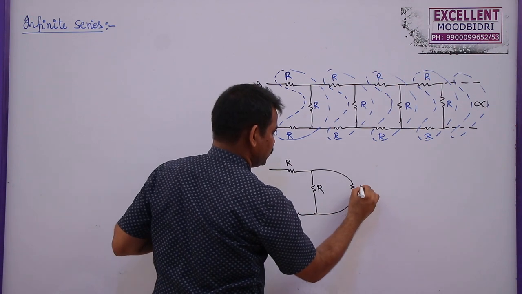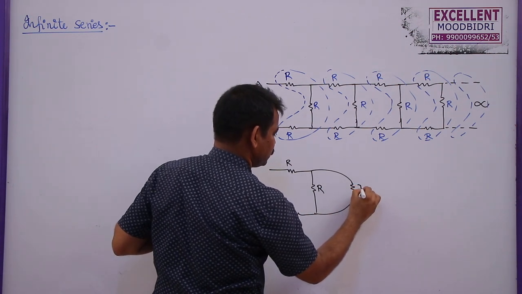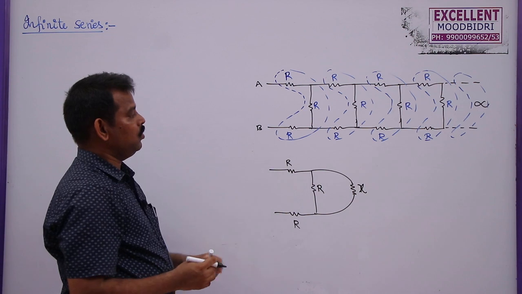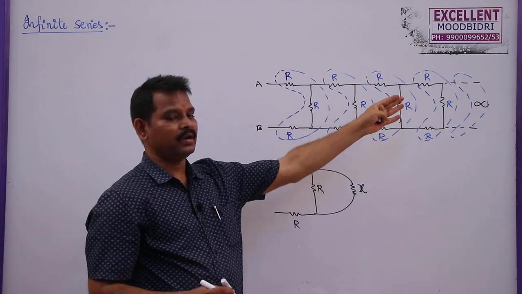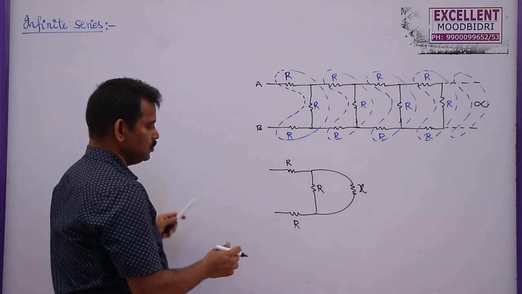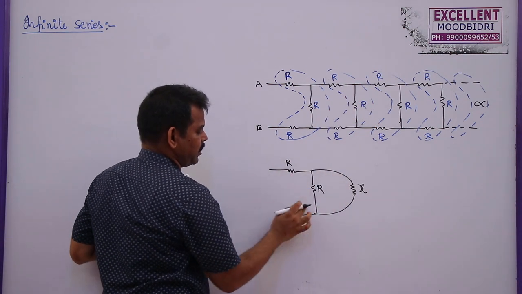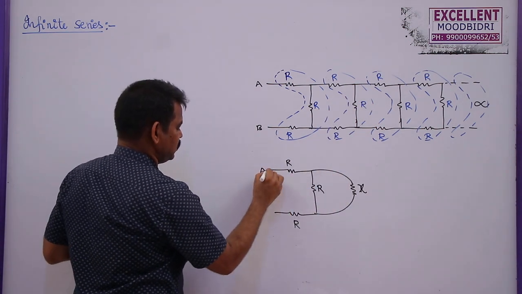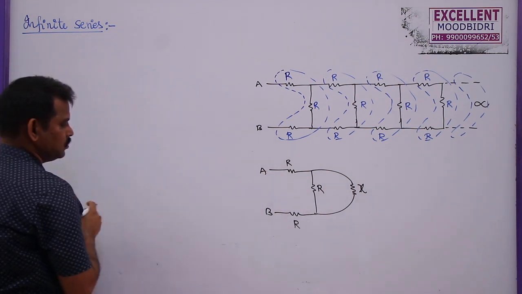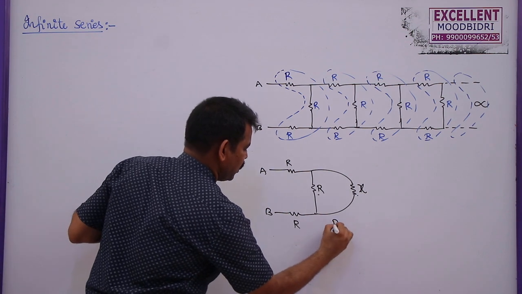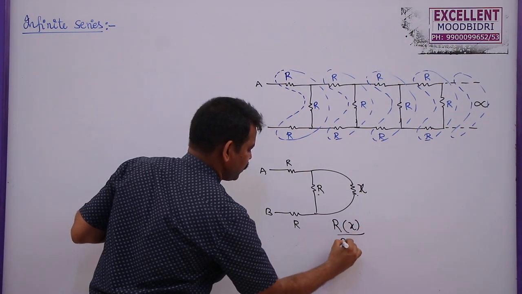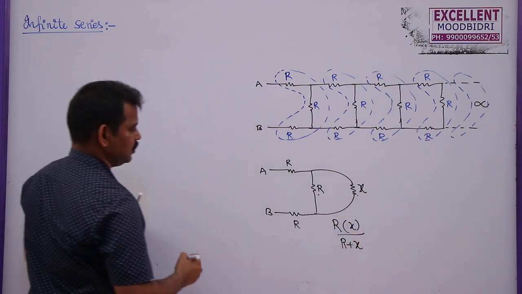So let me take it as X. In this circuit, if you remove one chain link, the remaining resistance is also X only. So this is X. For this I am just adding one more link here. So this is A and B. These two are in parallel. So what I can write is R into X by R plus X.